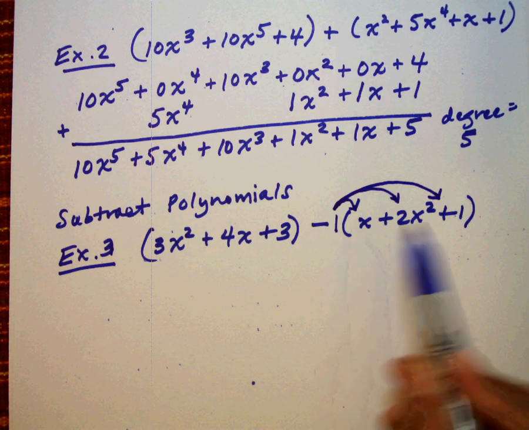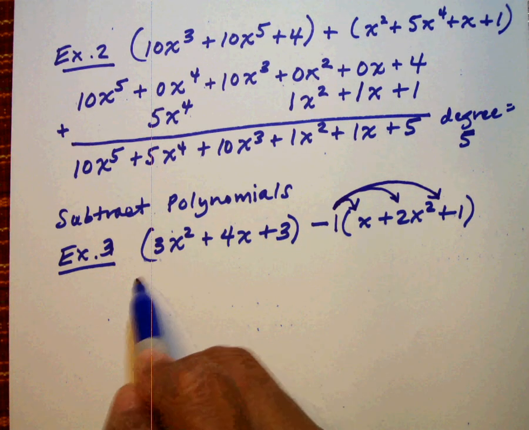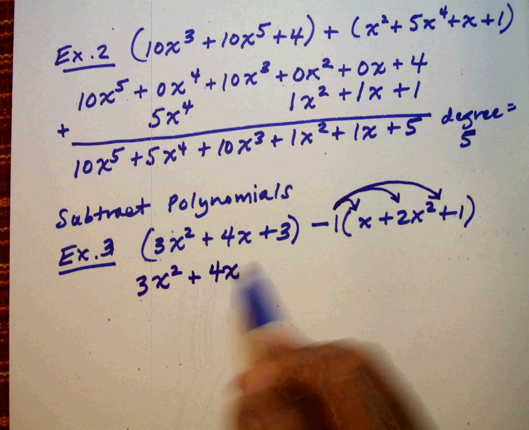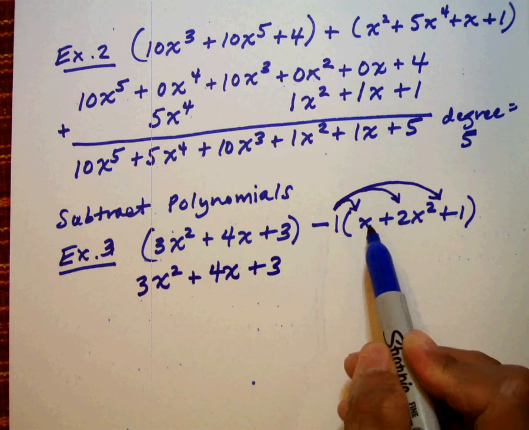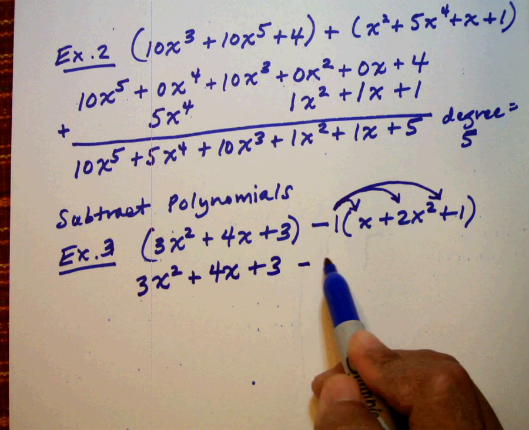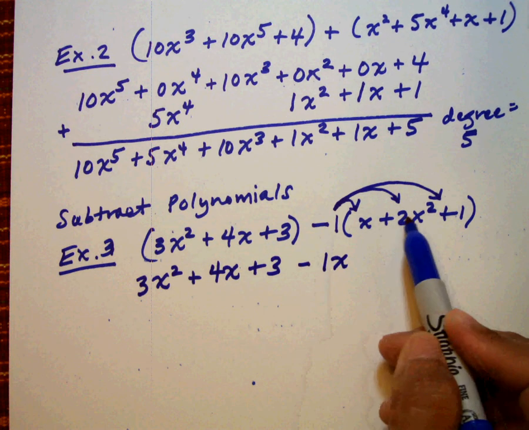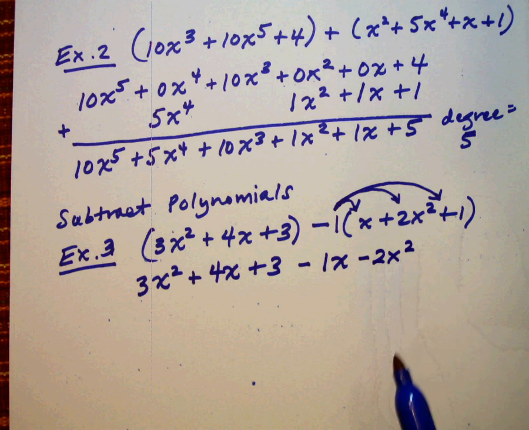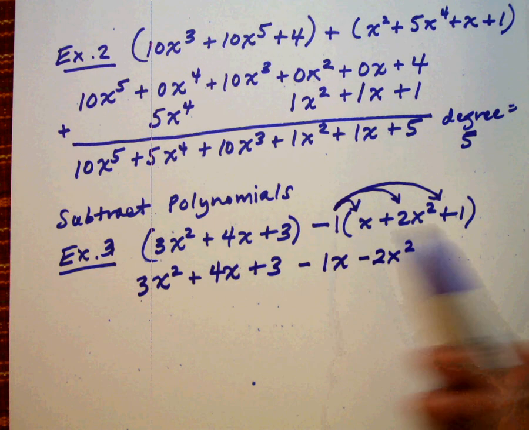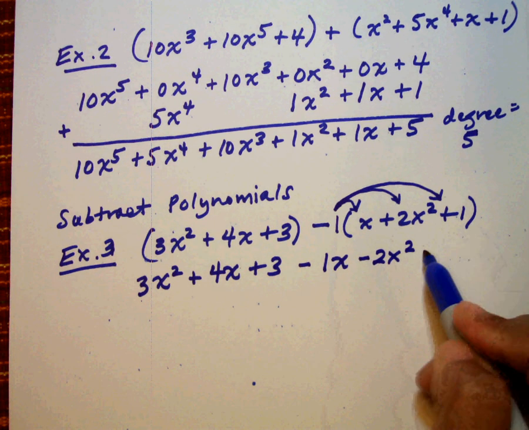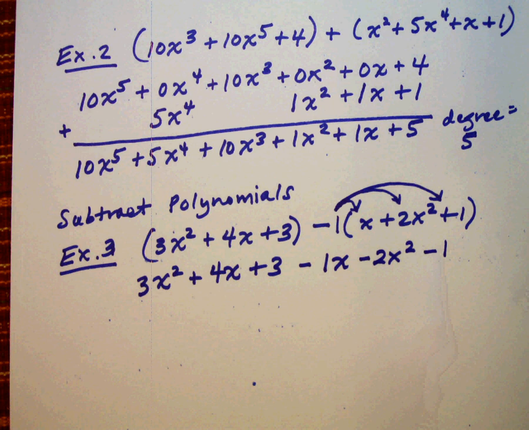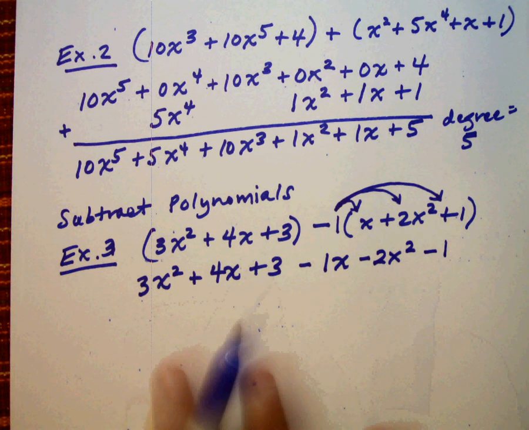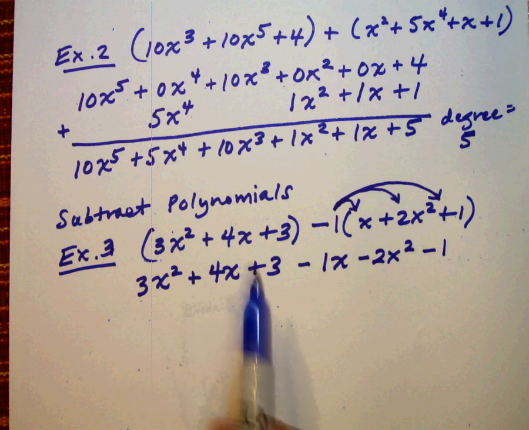I'm just rewriting 3x squared plus 4x plus 3. Negative 1 times x is negative 1x. Negative 1 times 2x squared is negative 2x squared. Negative 1 times 1 is negative 1. Now I combine like terms. Another way I would do it is to make shapes around like terms.